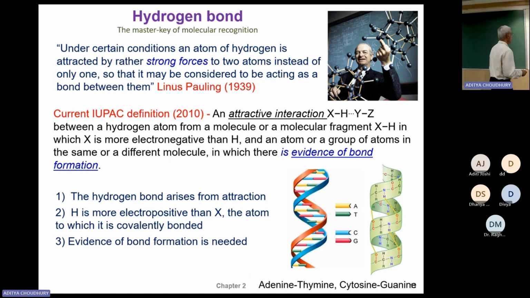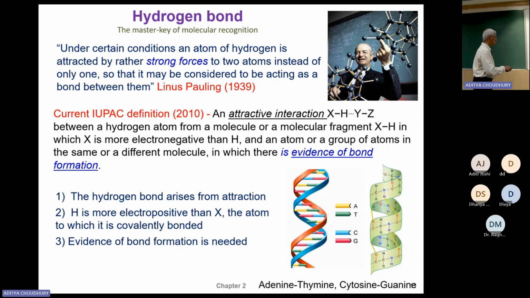But we are all familiar with hydrogen bond interactions and how important they are in the formation of chemical structures like the double helix and triple helix. The hydrogen bond should arise from attractive forces. Of course, electronegative atoms should be present, two different electronegative atoms, which can be oxygen or nitrogen.